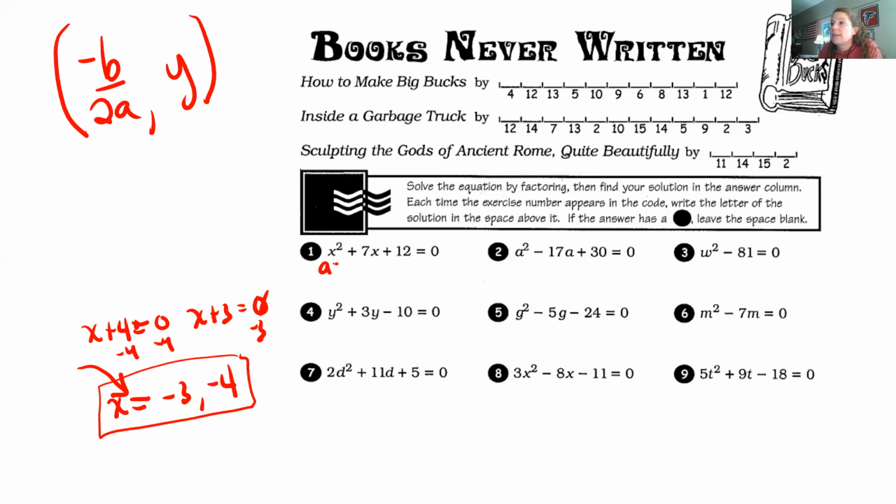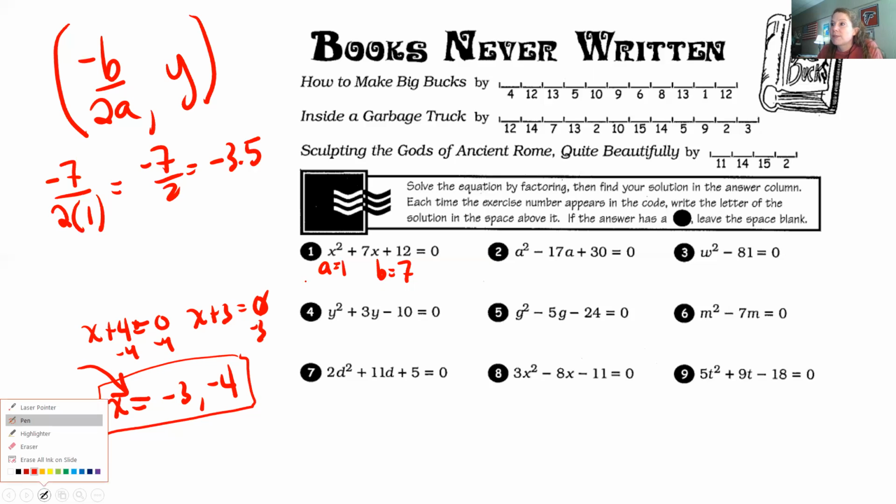So a is 1 and b is 7. So the opposite of 7 is -7 over 2 times a, which is 1. So -7 over 2 is -3.5, or you can leave it as -7 over 2. That's the x value. So let me write that right here.